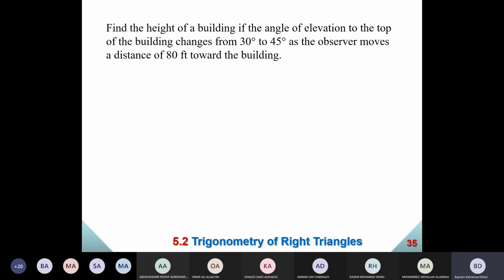Well, here is another question that we asked without an image, Shabab. Can you guys read and imagine the picture? Imagine the triangle. Find the height of a building if the angle of elevation to the top of the building changes from 30 degrees to 45 degrees as the observer moves a distance of 80 feet toward the building.